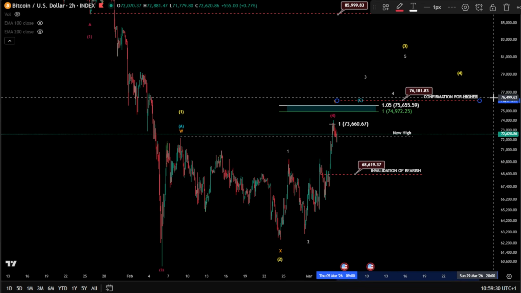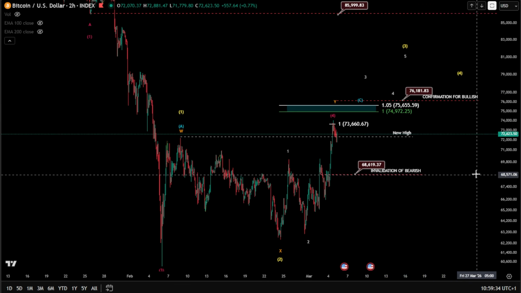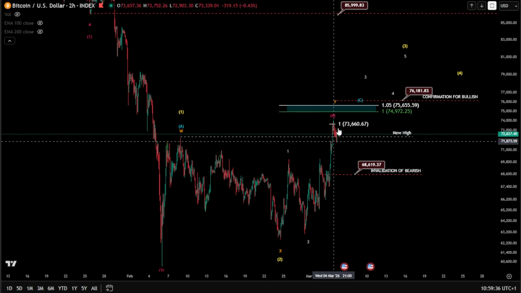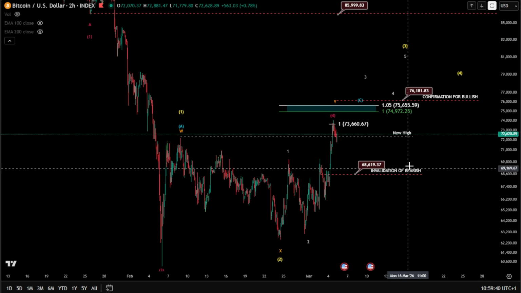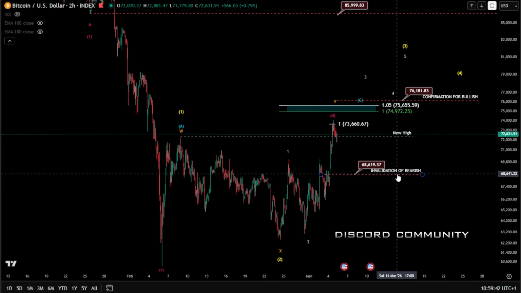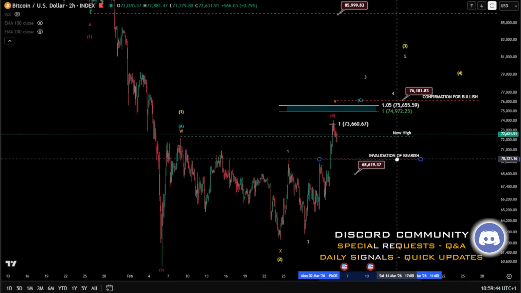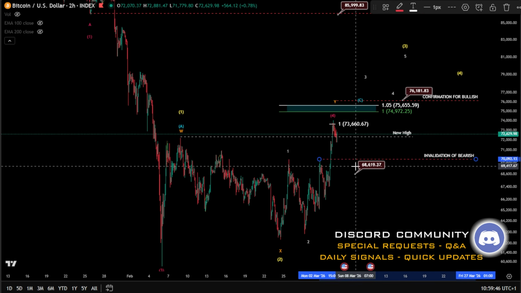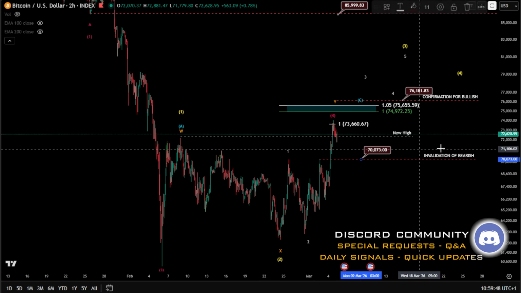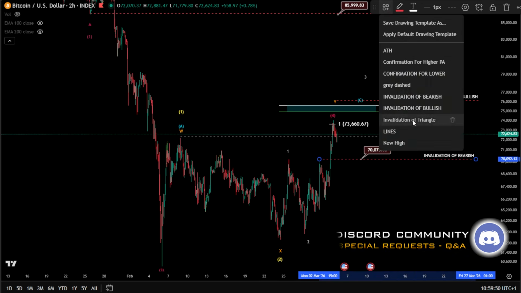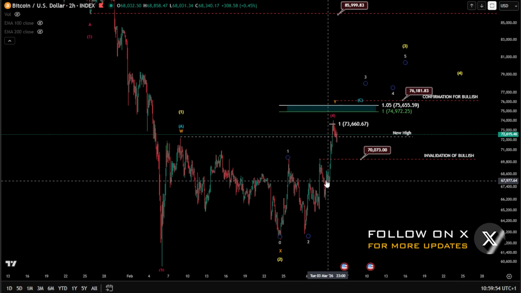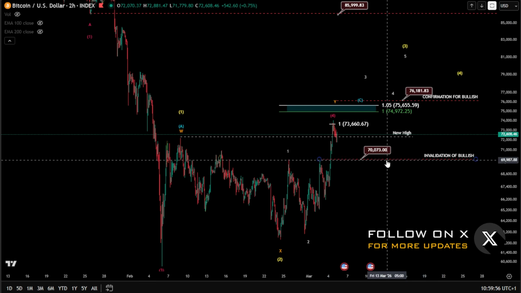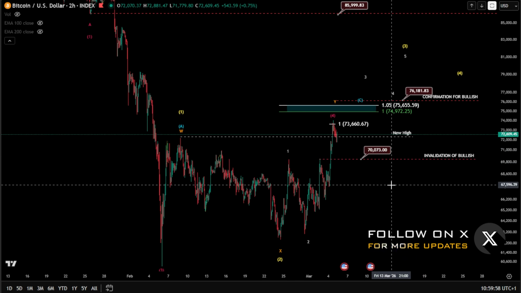I would say here for bullish, confirmation for bullish, not just for higher, because if we break it, yeah, we might continue simply toward the wave 3 there. Invalidation of bearish, right? So this invalidation of bearish is exactly there, or I would say this has transformed to invalidation of bullish. Yep, it was invalidation of bearish. Now it is invalidation of bullish, 70k 73.